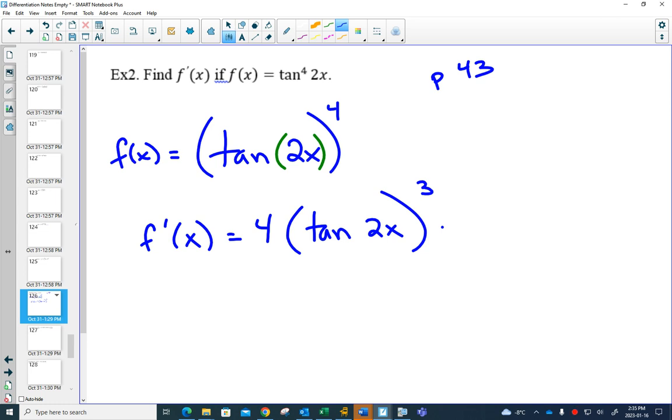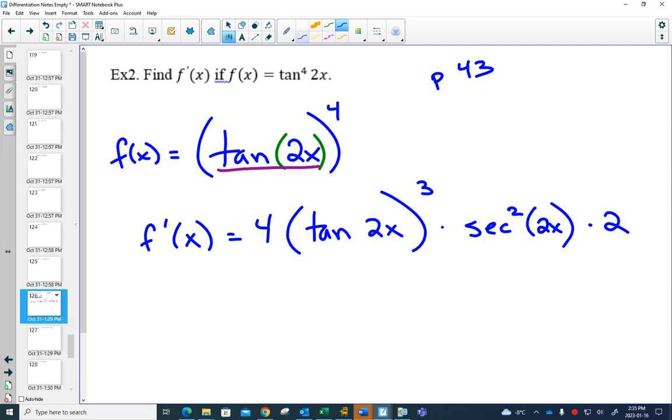The inside function is this tan 2x, which is another chain rule where the 2x is inside of tan. So we follow the same chain rule. The derivative of the outside function, well, the derivative of tan is secant squared, keep the inside the same, and then multiply by the derivative of the inside function, times by 2.